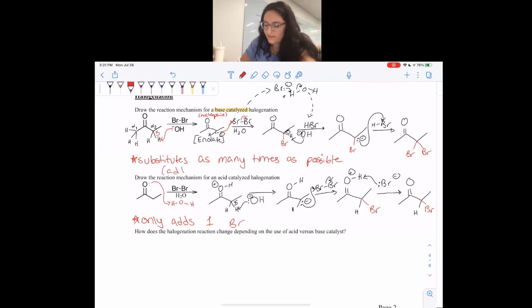So the base adds multiple Brs. I'm not going to do an S because that looks weird. I'm so sorry. So any questions about the bromination so far?